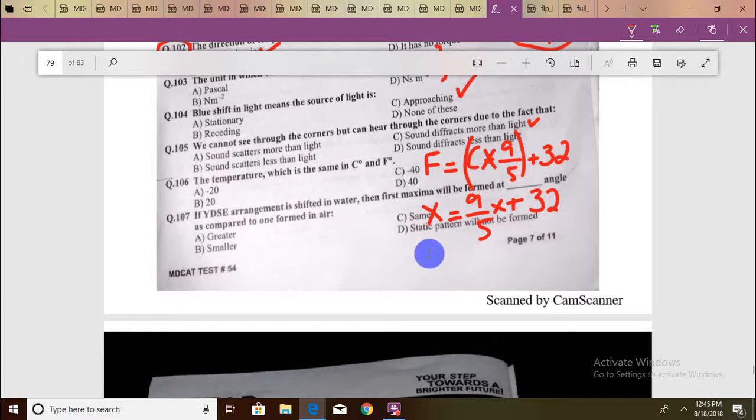So it can be minus 32 on the other hand, and it will be 4 over 5 x on one side, and it will be minus 32 into 5 over 4, that will be equal to x. So 4 ones are 4, 4 8s are 32, the answer is minus 40. Let me show you how that works.